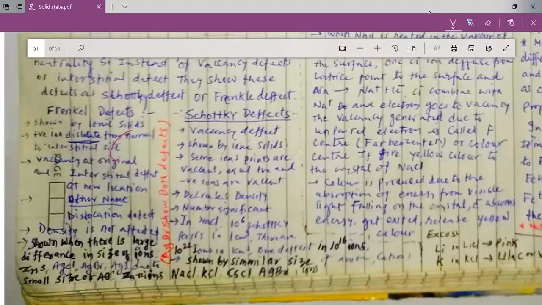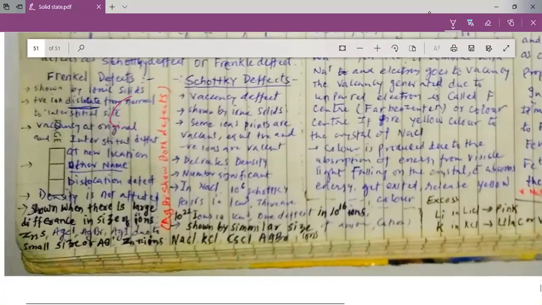Frenkel defects are shown by the compounds in which there is a large difference in the size of the anion and cation, but Schottky defects are shown by the ionic compounds which have the size of the anion and cation similar to each other, my dear students.